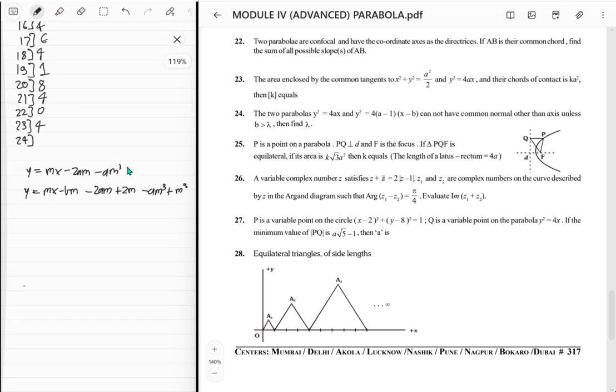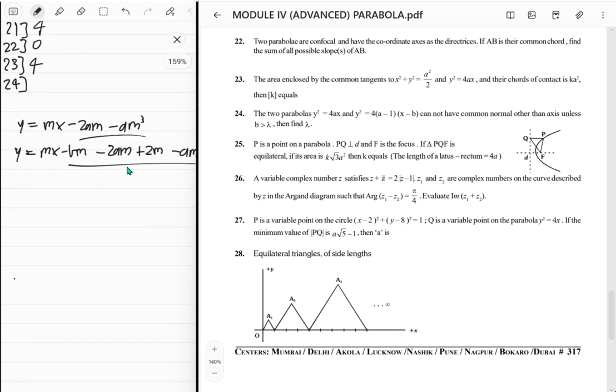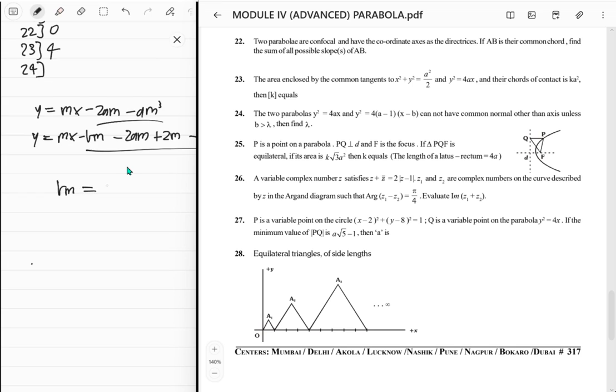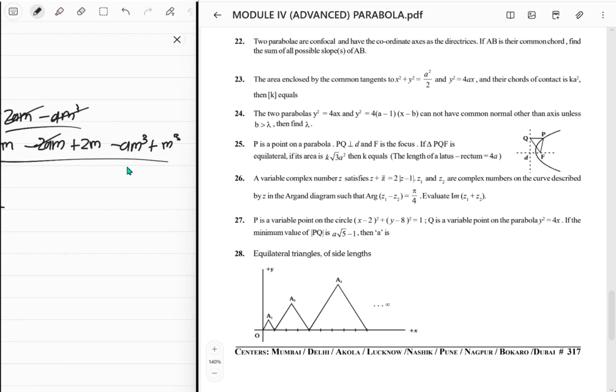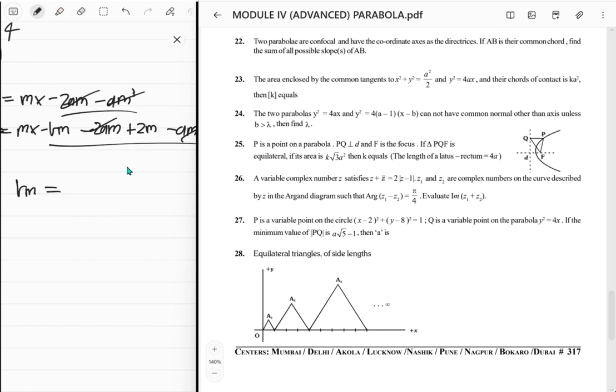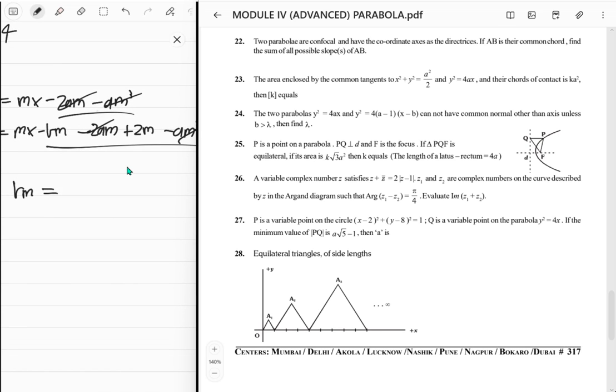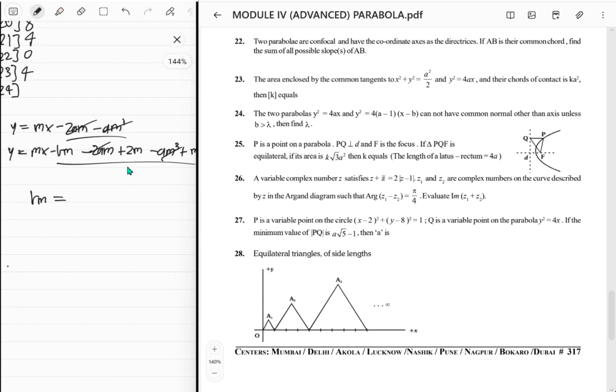These two are the common normals, which just means they must be the same. Okay, this cancels, and then this cancels. So bm is equal to 2m plus m³.